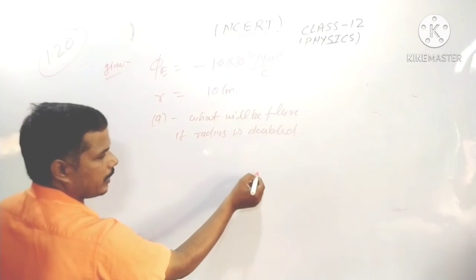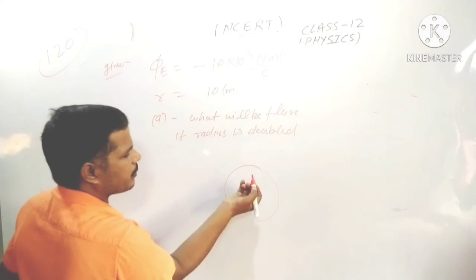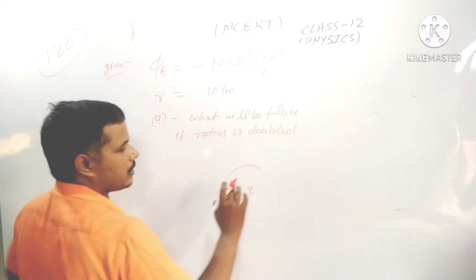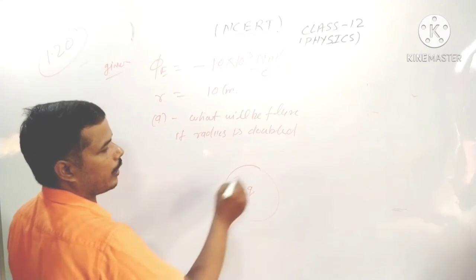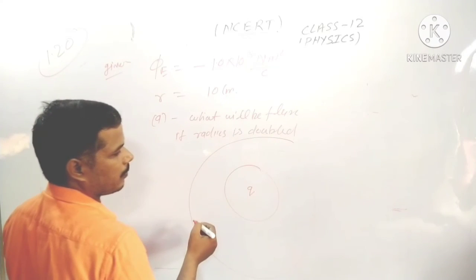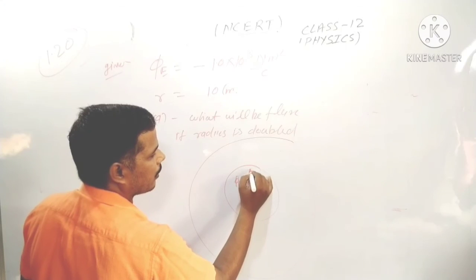ओके, सपोज करिए कि आपके पास ये स्फीयर था, इसमें जो भी चार्ज रहा हो Q, इससे जो भी इलेक्ट्रिक फ्लक्स की वैल्यू होगी अगर आप रेडियस को डबल कर दें तो इनिशियल कंडीशन में फाई इज इक्वल टू किसके हुआ?